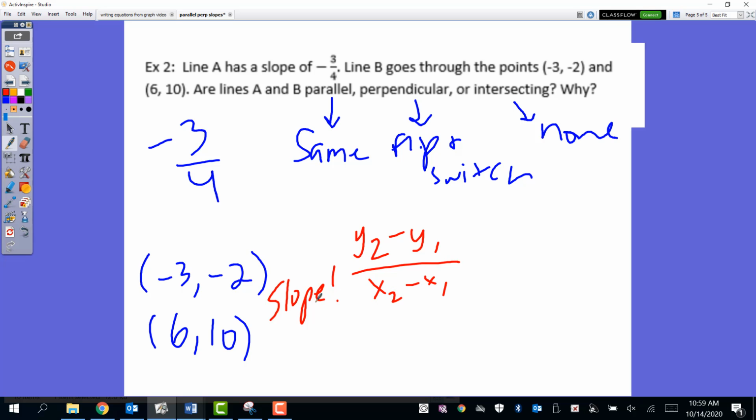And like we learned, we've got to label our points: x1, y1, x2, y2. And I'm going to plug them in. So I get 10 minus -2, and then 6 minus -3. And I'm going to type this into Desmos, just like that.